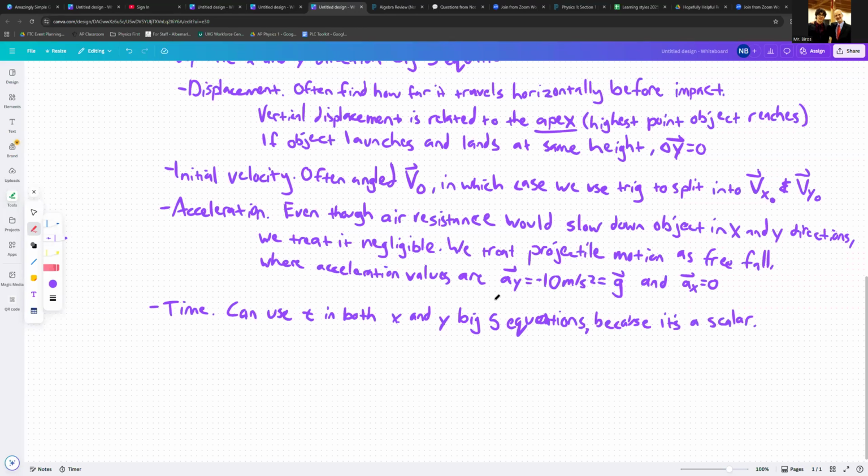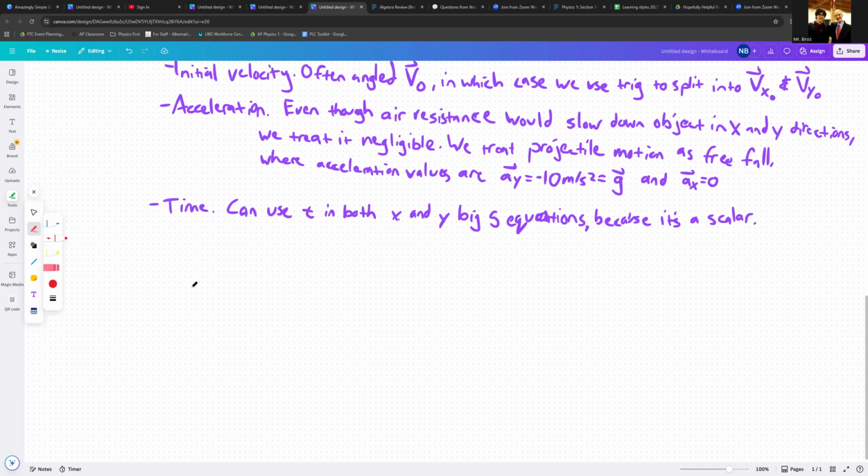Okay, so we're going to draw an example of the classic projectile. We'll start with the classic one, and do a couple variations on it in a little bit to wrap up. This is our classic projectile.